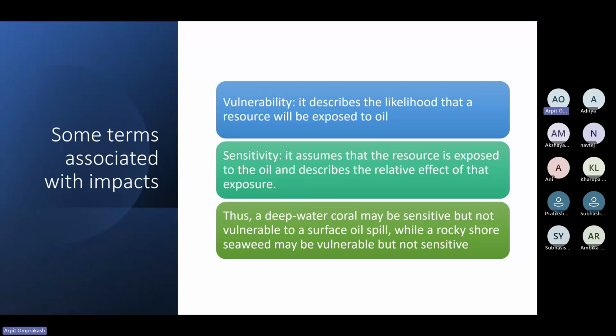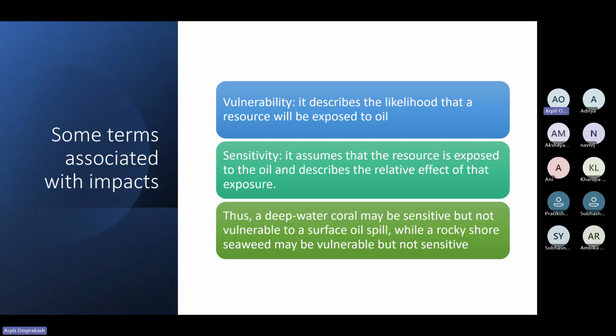If there's an oil spill, the vulnerability of the surface is high, but the vulnerability of the ocean bed is very low, because oil generally floats on top of water and does not sink to the ocean floor. Unless there's a leak coming from near the ocean floor, it's very difficult for oil to be present there. Right.